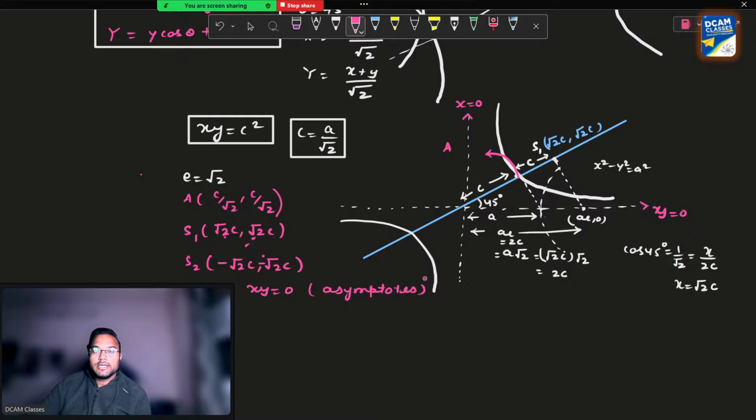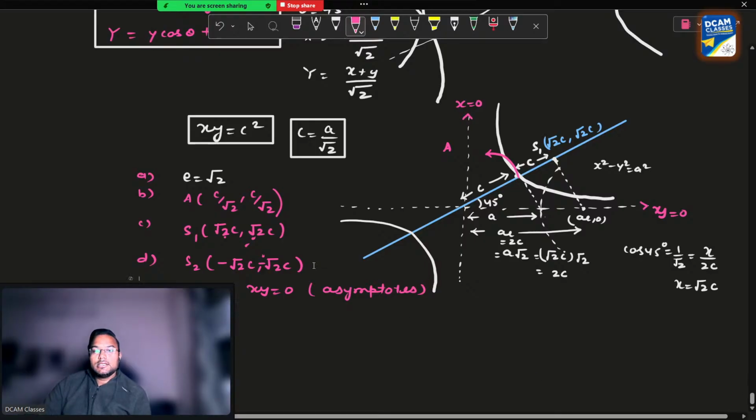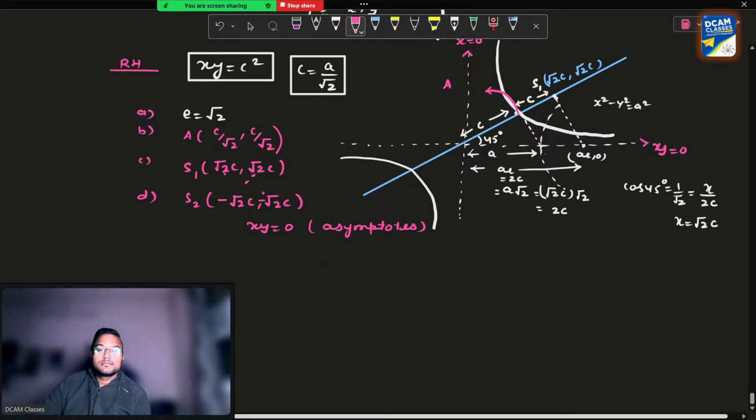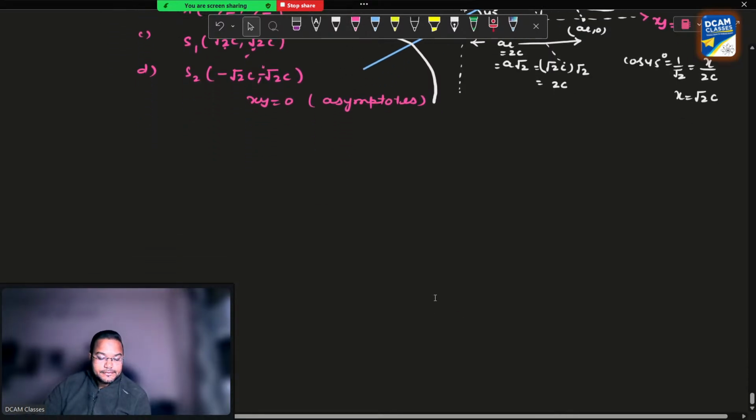Actually, truth to say, these things are not important for this hyperbola. The important thing that I want to discuss is this rectangular hyperbola RH, xy is equal to c square.